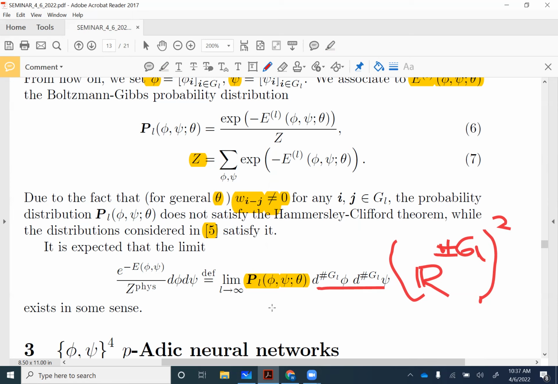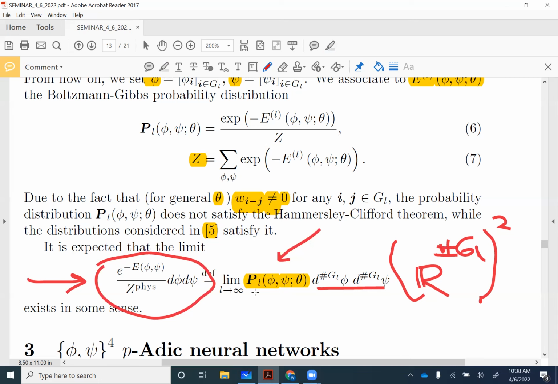But the interesting thing is that for applications to machine learning, we do not need this object. We just need this object. But if we know this probability measure, then the correlation functions attached to this measure give information about the neural network attached to PL.